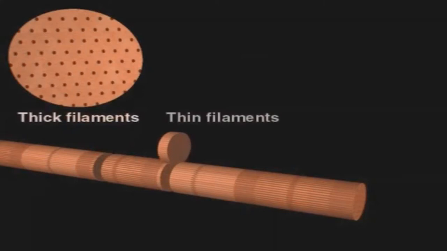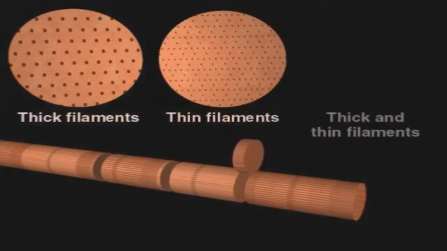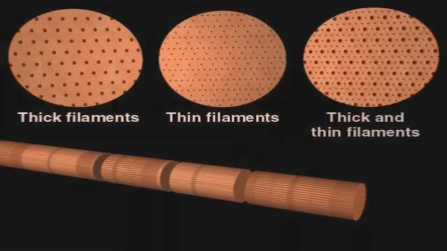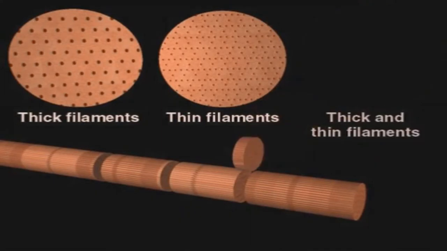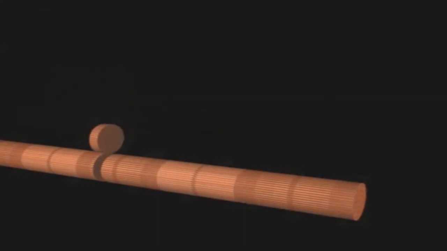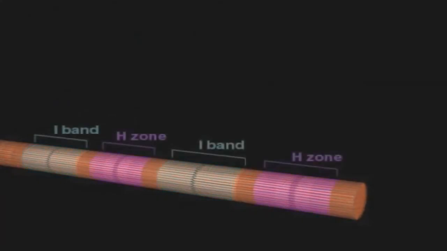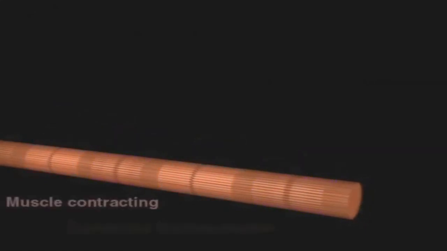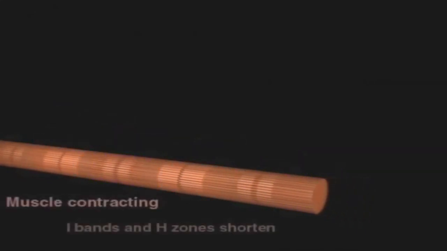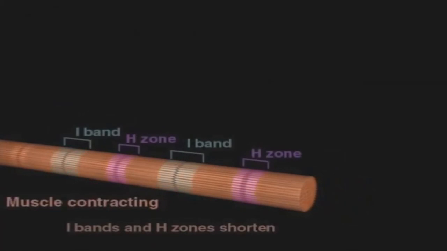Cross section of this. What are the I band and H zone? How the I band and H zones move during contractions.